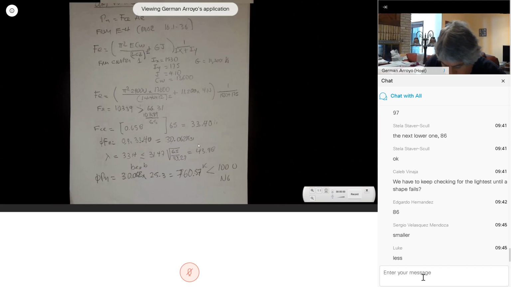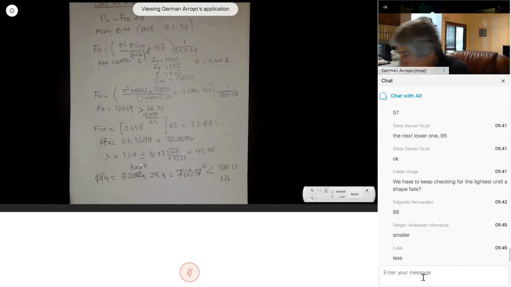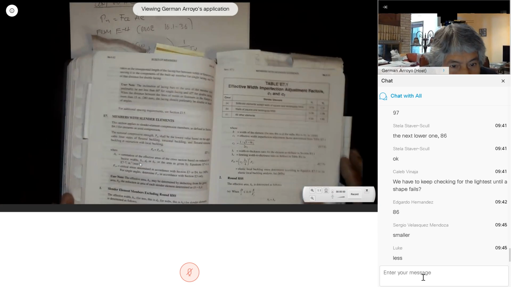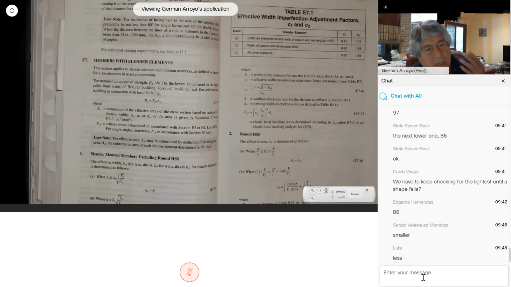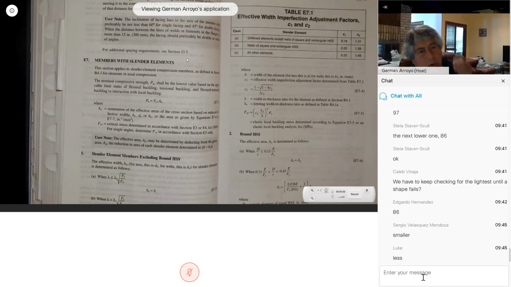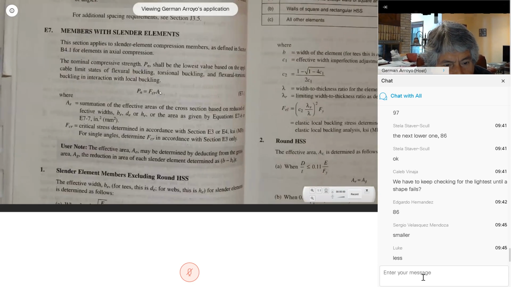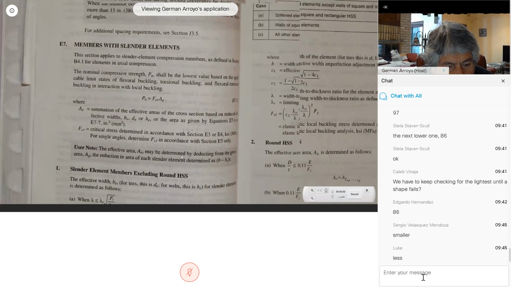In the code, in E7, somebody asked me the other day, can we use this for the web or for the flanges? And I said, yes, now I'm using this for the web. This affected area is the reduced cross-sectional area.